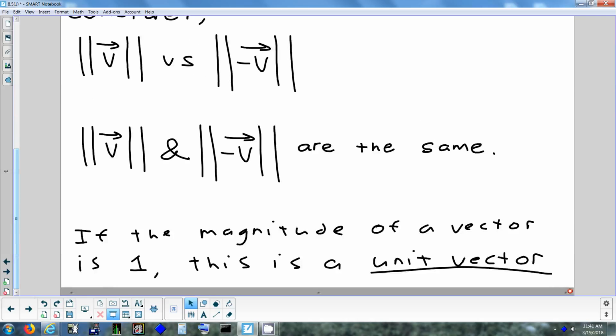Terminal point, initial point, unit vector, magnitude, direction. But once we get through the first part, there's much less vocabulary the rest of the week. Okay, so any questions on what a unit vector is?